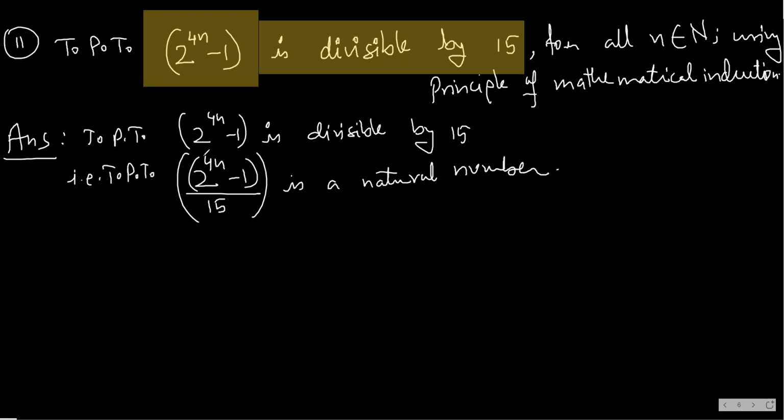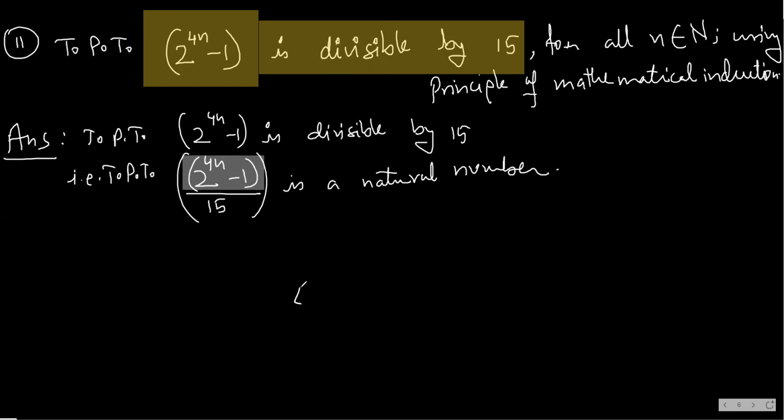See, if 2 raised to 4n minus 1 is divisible by 15, then only you will always get a natural number. That is, 2 raised to 4n minus 1 should be a multiple of 15.